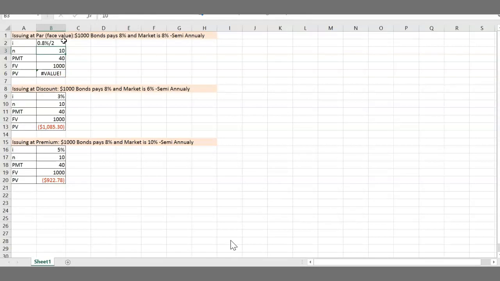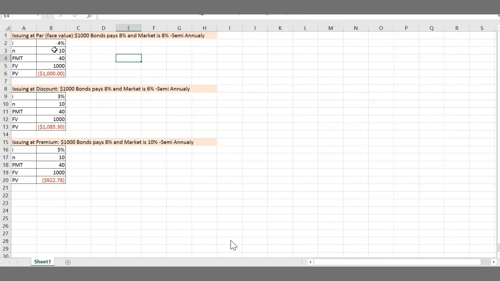No, it's okay, let's just put it for now, 0.04. Okay, so that's good enough. So you got the idea why the I is 4%, because it's 8% divided by 2, because it's semi-annual payments.